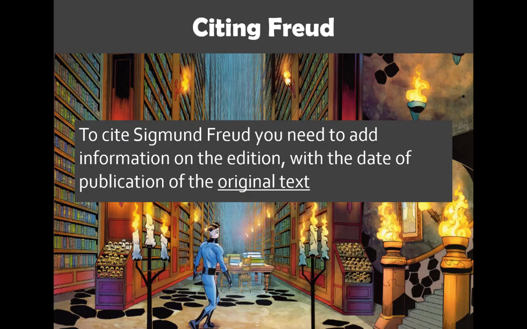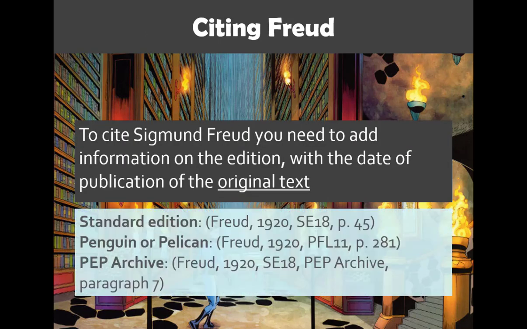To cite Freud at the Tavistock, you need to add information on the edition, such as the date of publication of the original text, along with the initials of the edition and the volume number of the volume you consulted, and the page number of the idea you're referring to. For the Standard Edition, you'll need to use the initials SE. For the Penguin or Pelican, you will need to put the initials PFL.